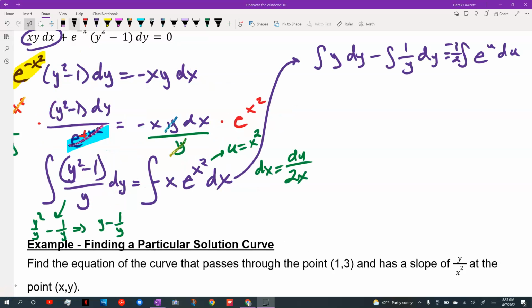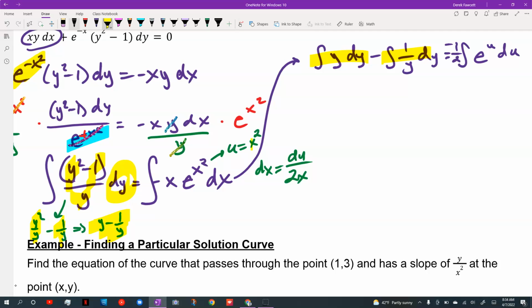On the left side, what I'm going to do is separate them. So I'm going to look at them like y squared over y and negative 1 over y. So this over y and that over y. So it simplifies just to y minus 1 over y. Both of those are being multiplied by that dy, which is why I have two separate integrals on the left side. And I can integrate those. On the right side, you're using u substitution.